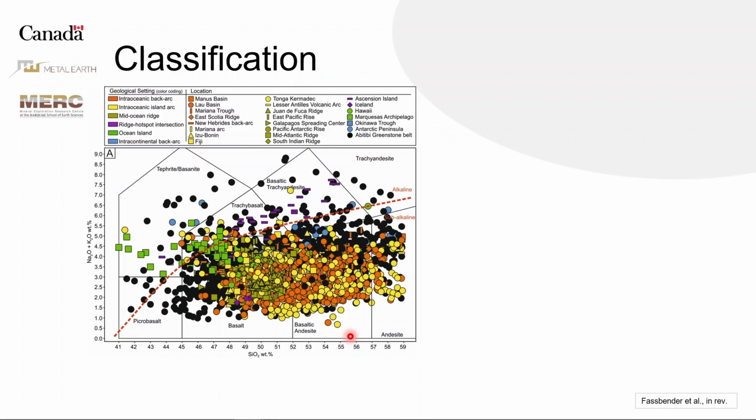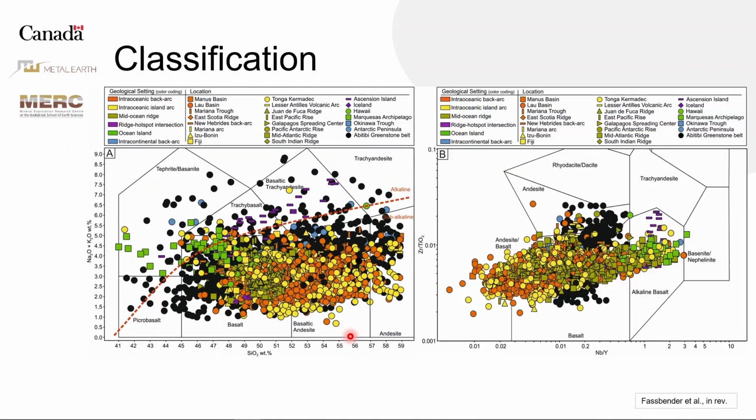There are still the same trends that we have seen in the felsic volcanic rocks, namely ocean island samples, for example, having high sodium and potassium oxide concentrations, but the spread for intraoceanic arc and back arc samples is quite a lot. So we plotted them in the Winchester and Floyd as well, seeing that once again the trends are confirmed. Ocean island samples, for example, have high niobium-yttrium ratios, while intraoceanic arc and back arc samples are plotting at the lower niobium-yttrium ratio trend.